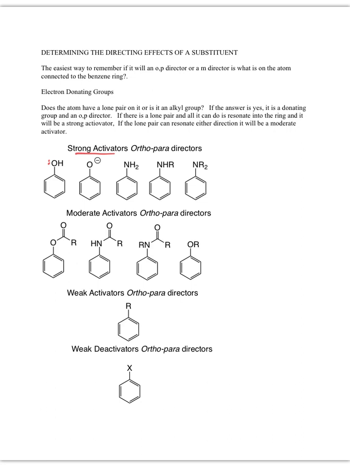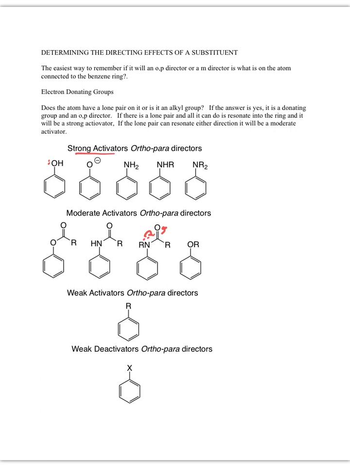Moderate activators are the esters and the amides, or an ether, because for the ester and the amide, we can draw a resonance structure sending some of the electron density towards the carbonyl. So they're moderate activators. The weak activators are the alkyl groups off of the ring, because we can't draw any resonance structure sending the electron density into the ring, but we know the alkyl group is a donating group.